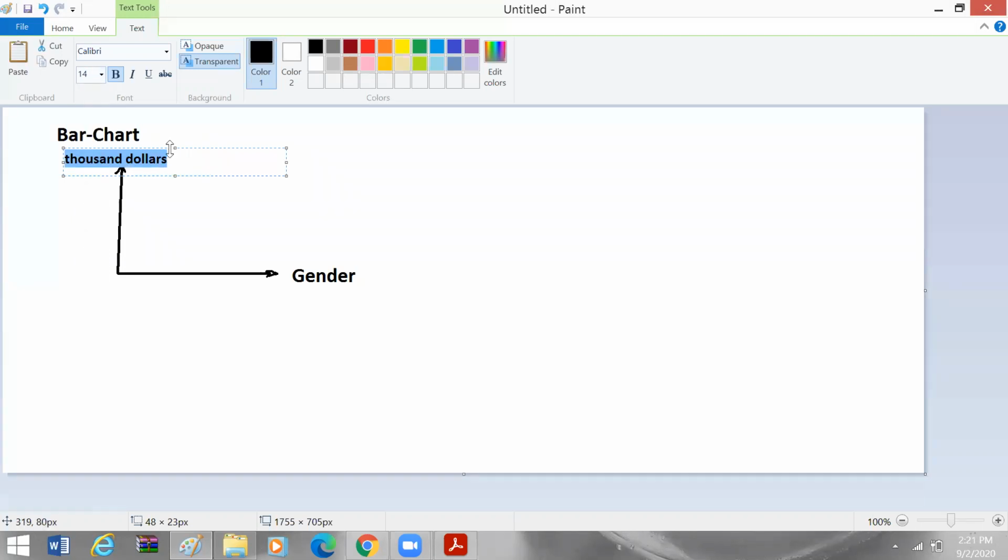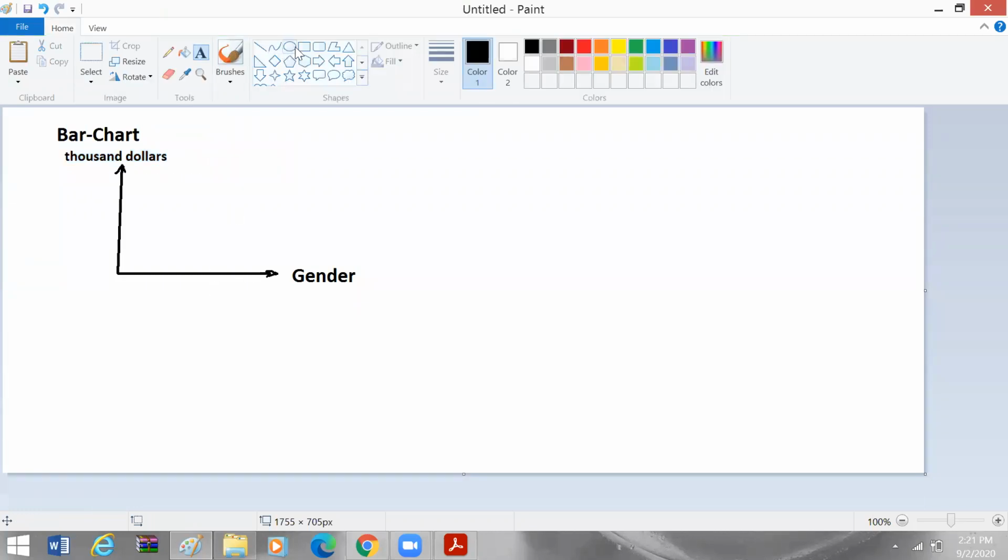So this is $1,000, for instance. And so assuming that we have the female, it goes like this, okay? And then the male goes like that. Yes, I will repeat what it is, but generally this is what we're going to be working on.